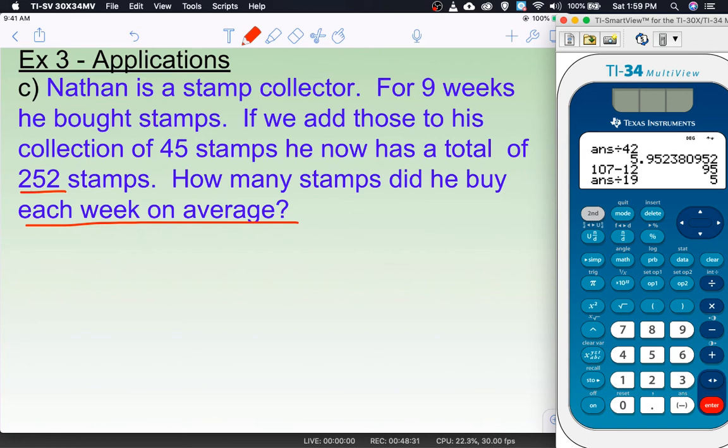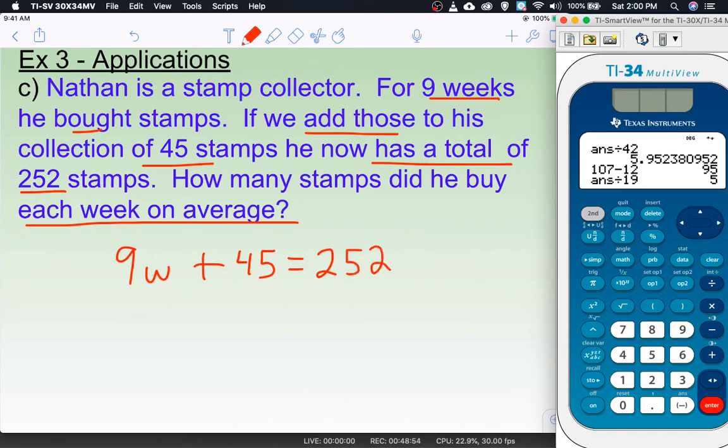All right, so let's see how you did. 9 weeks he bought stamps. If we add those to his collection of 45 stamps, he already has 45, he now has a total of 252.